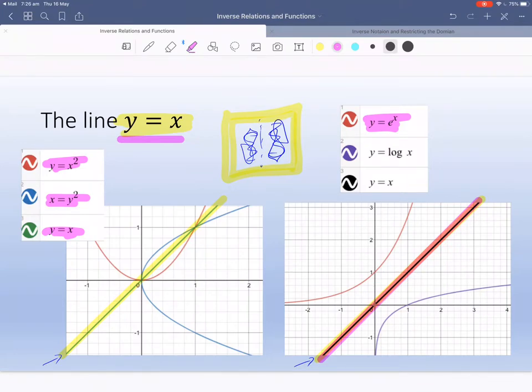So it's really important that we learn to recognize it algebraically. And if you pick a value, see how this is x equals 1, the inverse graph is y equals 1. We're swapping x and y, and we can see that visually too. Anyway, that's the end of this lesson. Peace out.